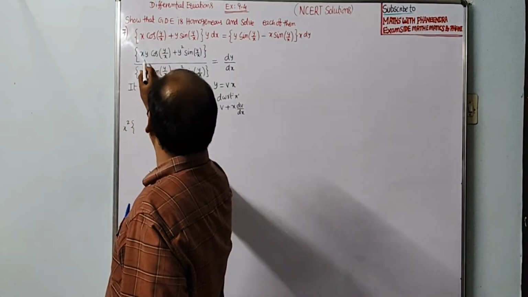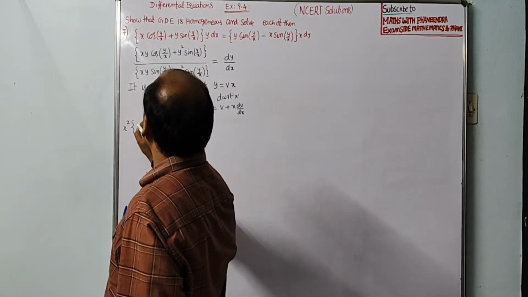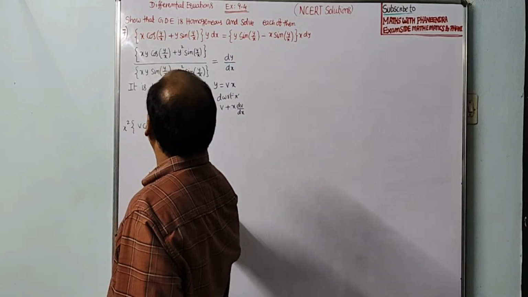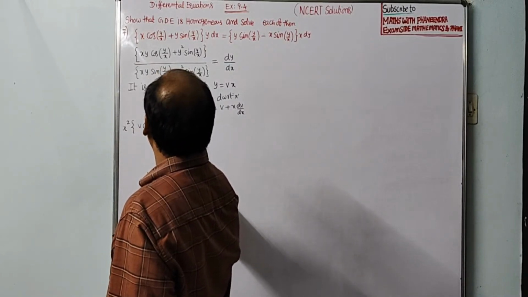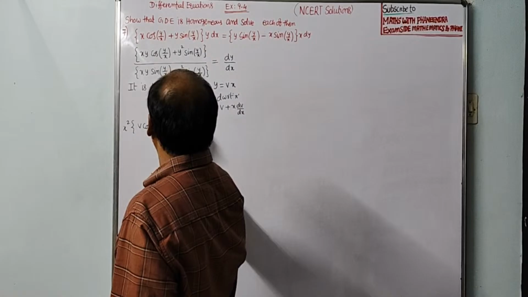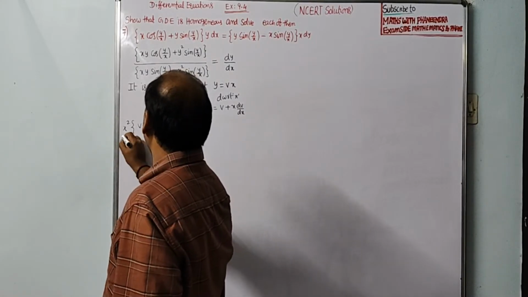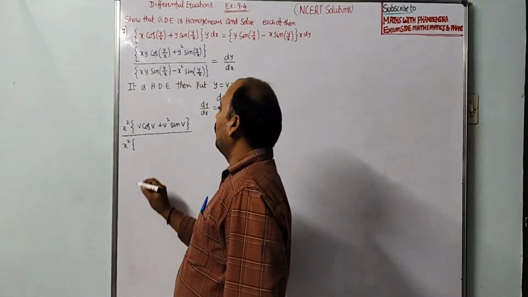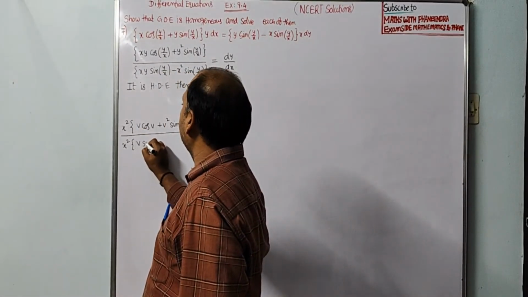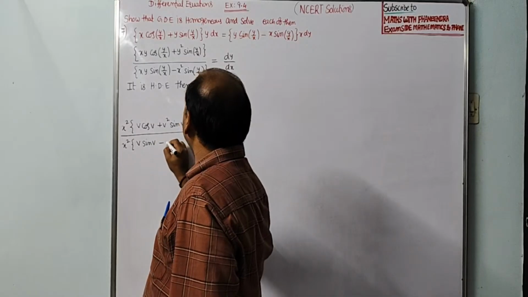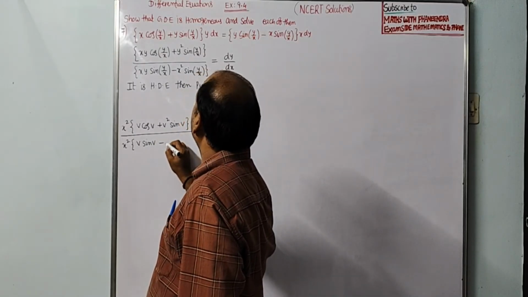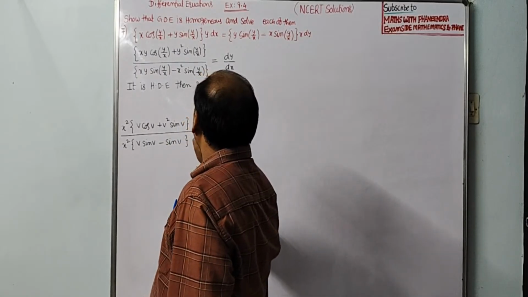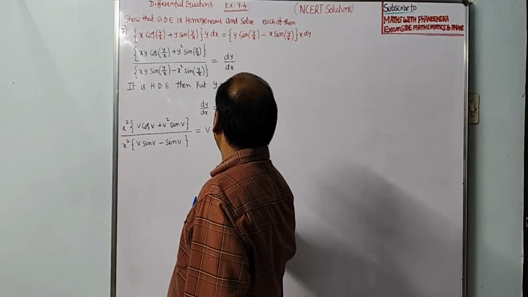So what happens here? If we take common, v into cos v plus v square into sin v divided by, here also x square take common, v sin v minus cos v is equal to v plus x dv by dx.